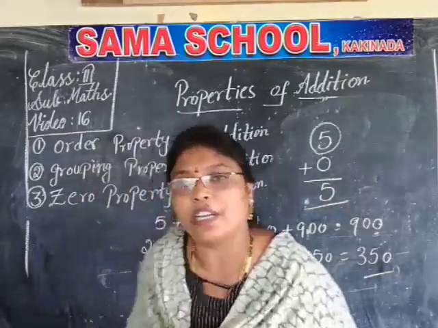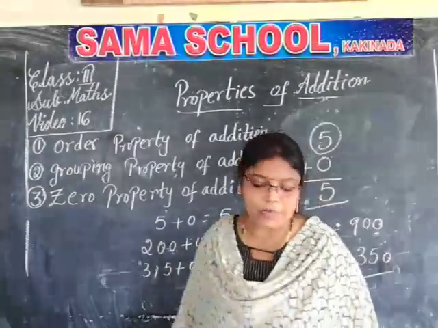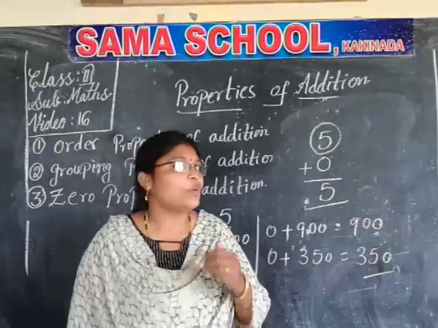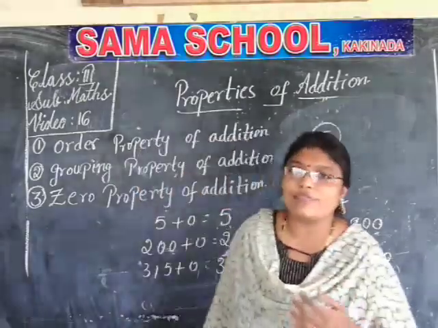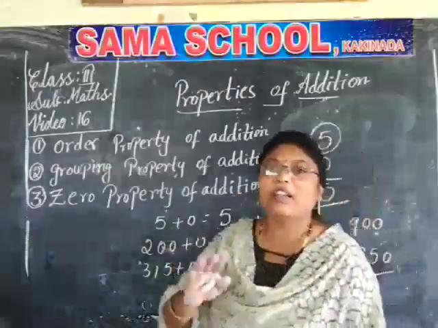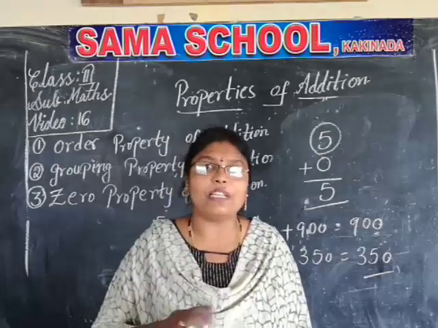What is this property called, children? Zero property of addition. What is the zero property? If 0 is added to any number, the answer is the number itself. The sum will be the number itself.